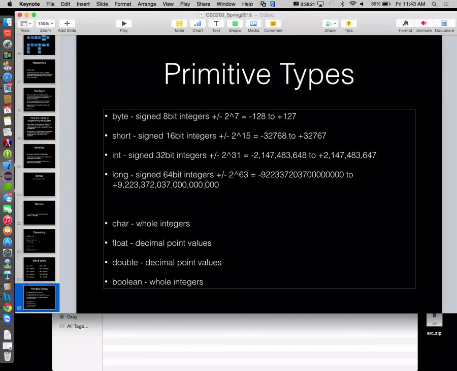So this is 9 sextillion, 223 quintillion, 372 quadrillion, 37 trillion. Big numbers, okay, but not infinite numbers. We can't come up with too many applications where we need a larger number than that, but we can certainly, as people, understand that it might exist, right? Okay. So that's a long.